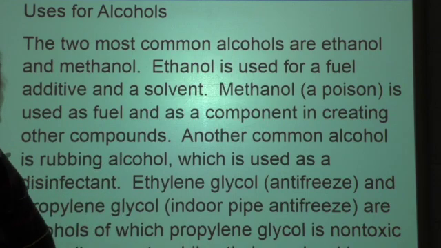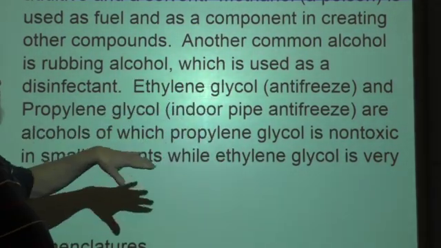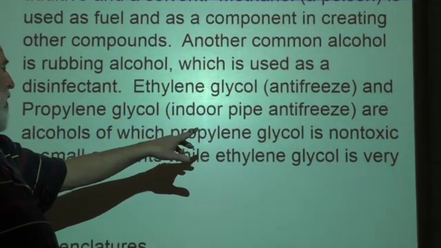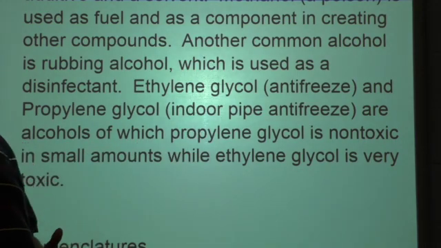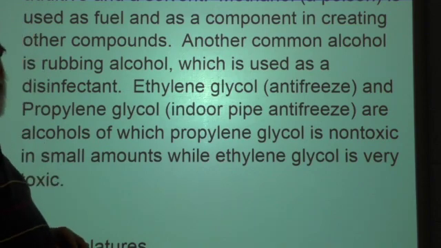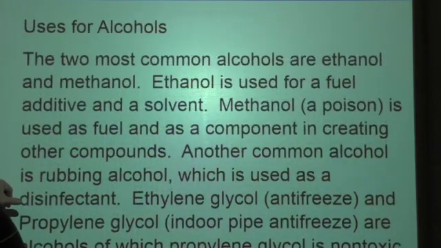Ethylene glycol and propylene glycol are antifreezes. Ethylene glycol is the car antifreeze. Propylene glycol is particularly used in travel trailers for winterizing because it is not nearly as toxic as regular antifreeze. Okay? Another thing about methanol, I'll throw this in there.